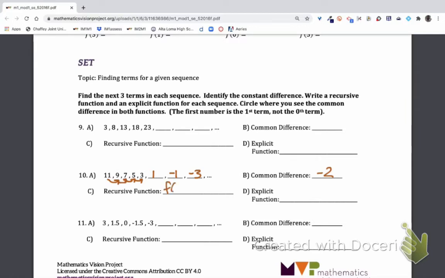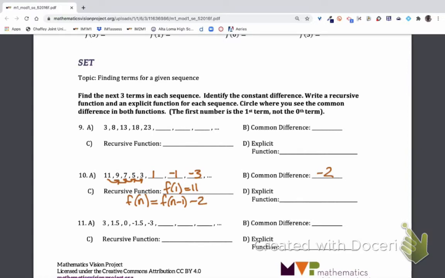We know that my first term is 11, and that every term after that, whatever I want to find, I'm going to take the one right before it, so f of n-1, and subtract 2.